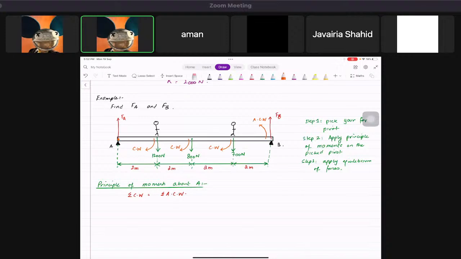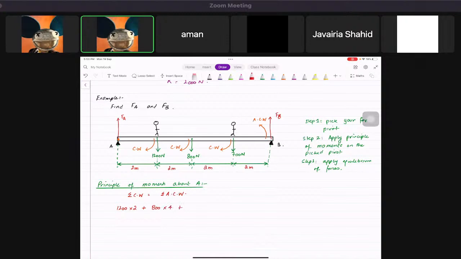Yes. Okay. So now check this out. Here, sum of clockwise. The first one is 1200 and its perpendicular distance is 2, so I'm going to multiply that, plus the next one is 800. Its perpendicular distance is from the force till the pivot, that is 4, not 2, remember that.